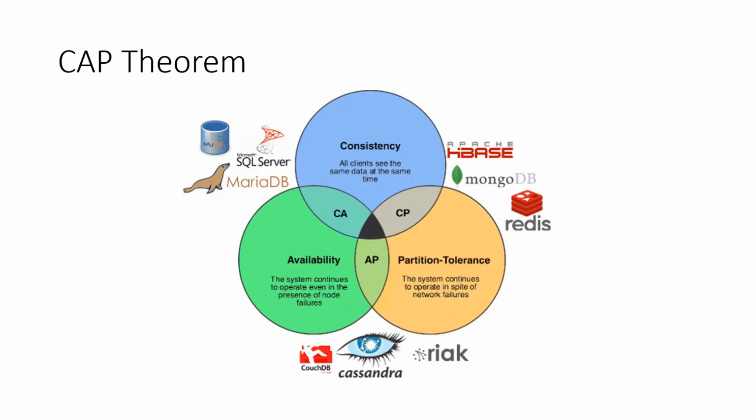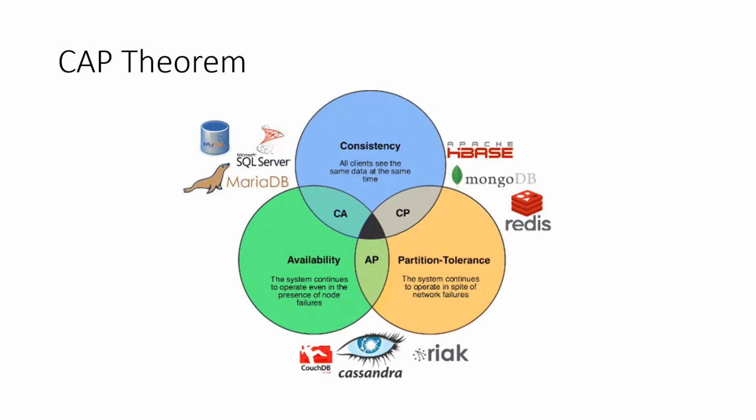As you can see, right now we are focusing on MongoDB, where we focus on what we call CP, that means consistency and partition tolerance, right? The others are CA, for example consistency and availability, and AP, for example availability and partition tolerance. And you can see the black in the middle, which says that all three is difficult.